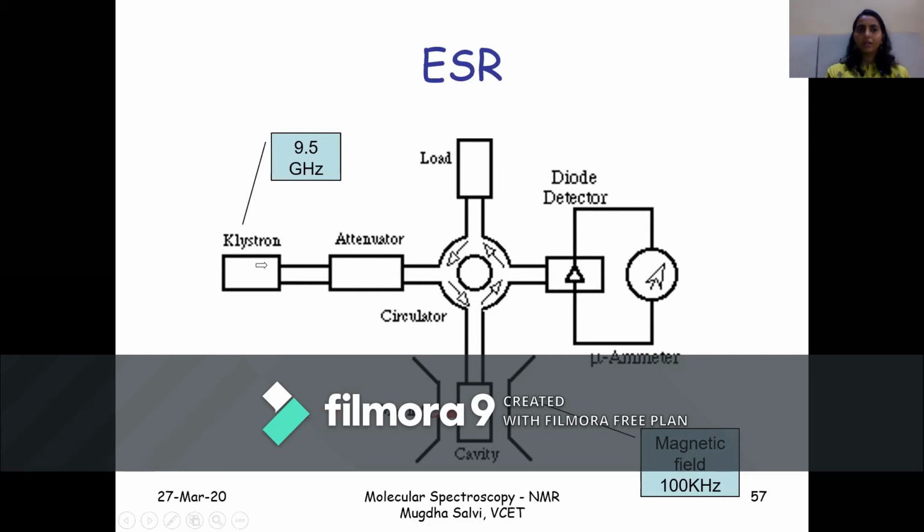Here is something called the klystron. This klystron is nothing but a microwave generator. That will be explained later on. And then you have a system to detect the microwaves which are emitted from the sample, and the result is displayed on the meter.